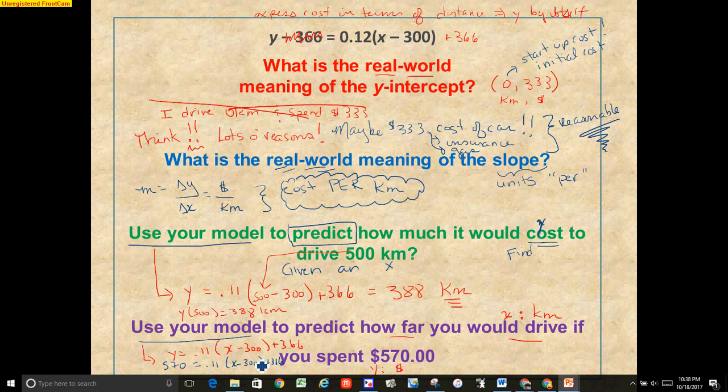Now do some algebra. You're going to take 570, subtract 366, divide by 0.11, and then add 300. That's going to be the X you find.